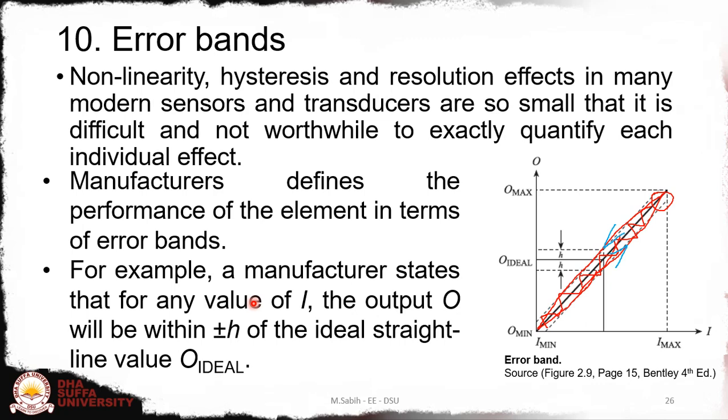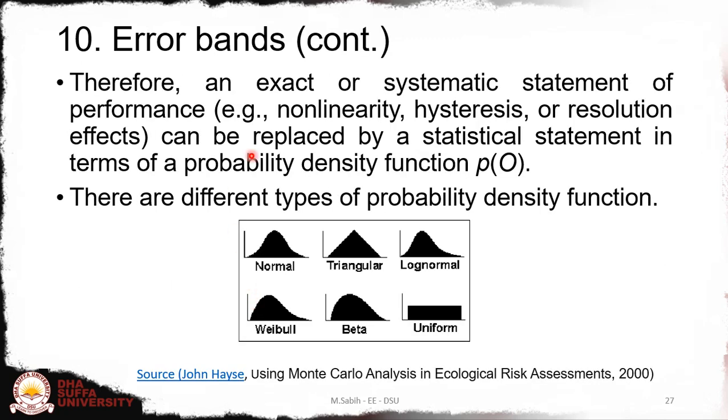What is that? We use another function from statistics, which is called the probability density function, and there are different types of probability density functions. For example, if the variation follows a normal distribution, it can be triangular, log normal, uniform, also called square, beta, and there are so many.